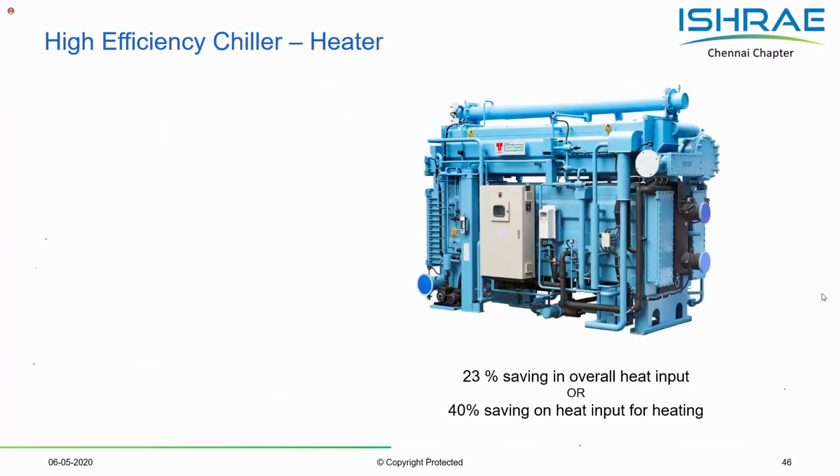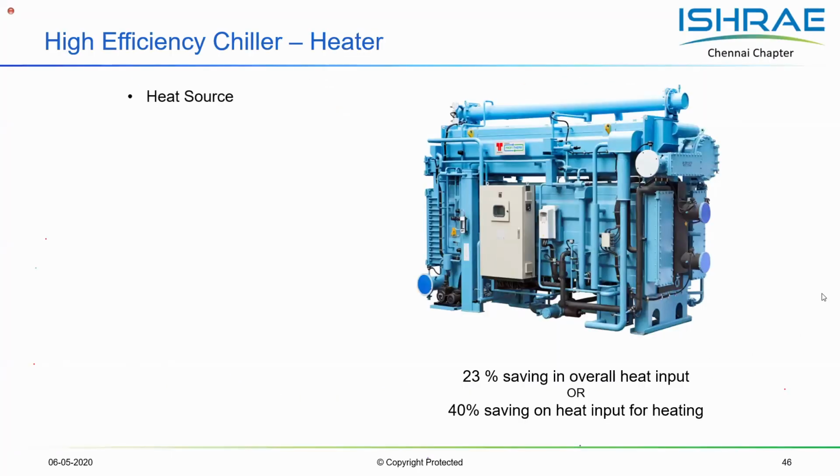So what we have seen is either a cooling system or a heating system. Now we look at a combination system wherein an absorption unit can produce both chilled water and hot water at the same time. And by doing so, it can save approximately 23% of energy.